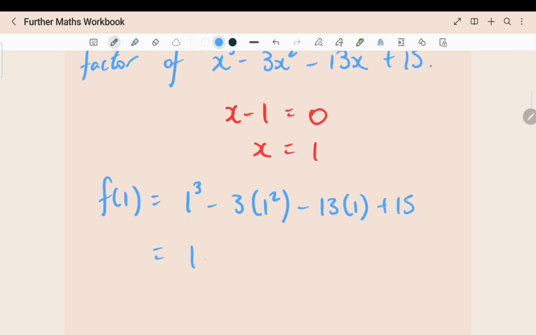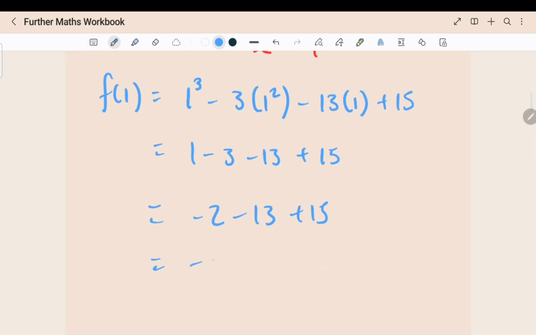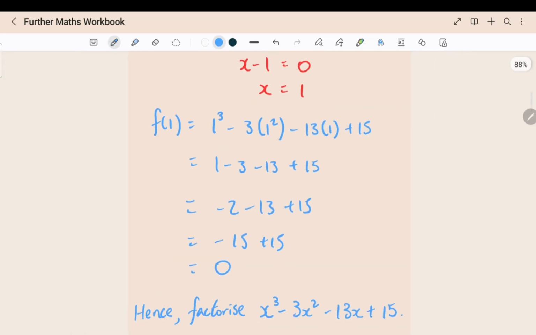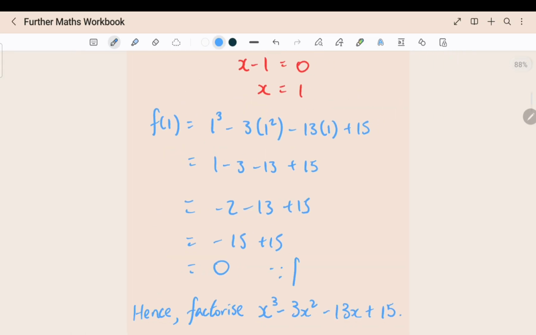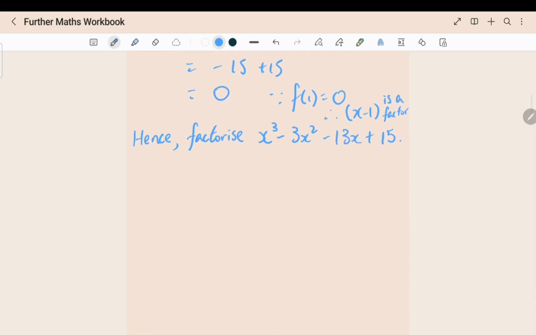So this is 1 minus 3 minus 13 plus 15. Because 1 minus 3 is minus 2, minus 13 plus 15 gives me minus 15 plus 15, which gives me 0. So because it is equal to 0, therefore I can say that x minus 1 is a factor. Brilliant. So I found a factor for that cubic.